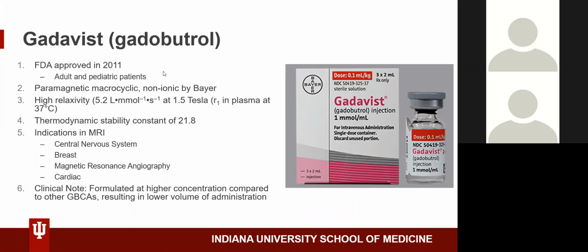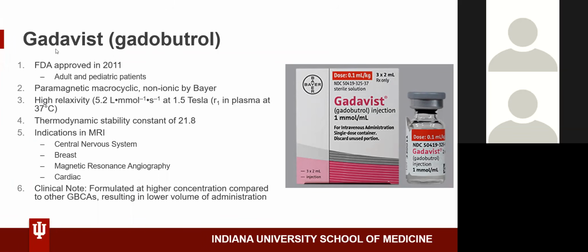So just to highlight those two, again, I think those are the ones that are almost exclusively used in the IU Health Network: Gadavist and Dotarem. Gadavist was FDA approved in 2011 for both adult and pediatric patients. It's a macrocyclic structure and non-ionic formulation by Bayer with a high relaxivity.